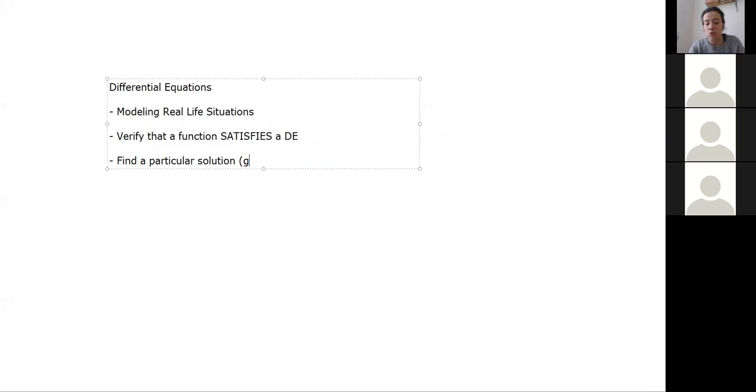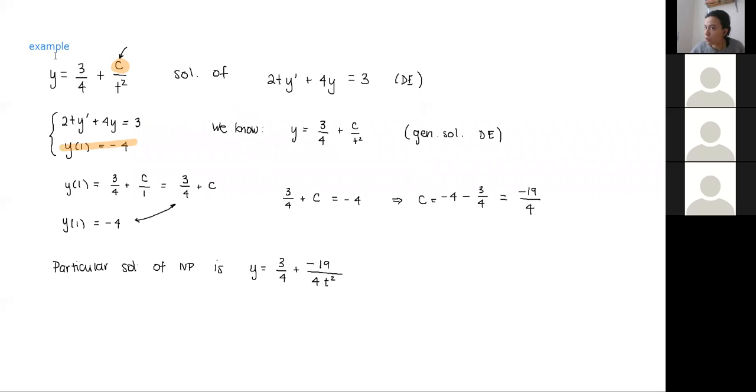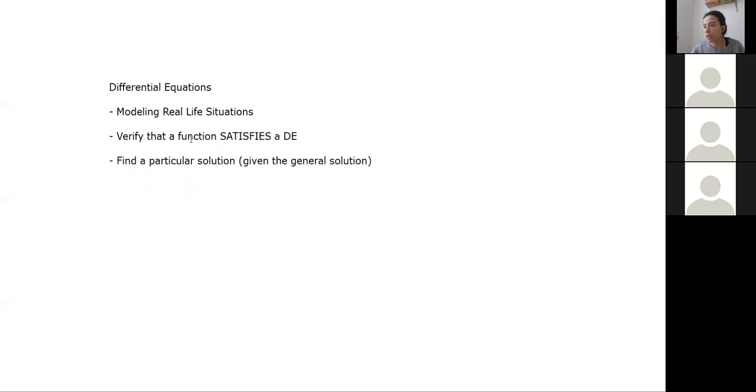Of course, that's as long as we are given the general solution, right? In both of the problems that we just solved, we had been given the form of the general solution, and what we found was just the particular solution by plugging into our initial condition. So these are the three things that we know.